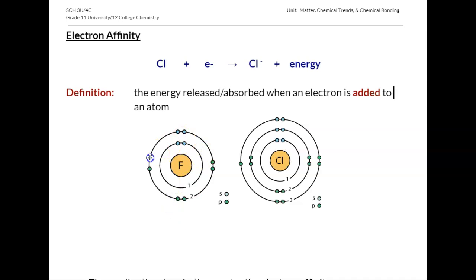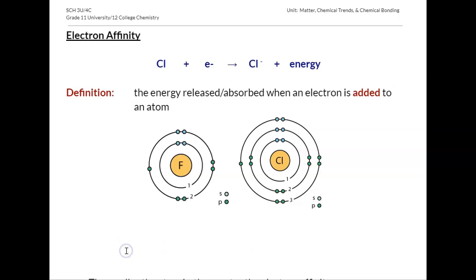Fluorine's radius is a lot smaller because it has fewer electrons, so its valence electrons are much closer to the pull of the nucleus. That positive nucleus is going to be able to better pull in electrons in comparison to chlorine. Chlorine also has some shielding effect because of those inner shells, which will prevent it from grabbing an electron as easily and therefore releasing as much energy as fluorine would.